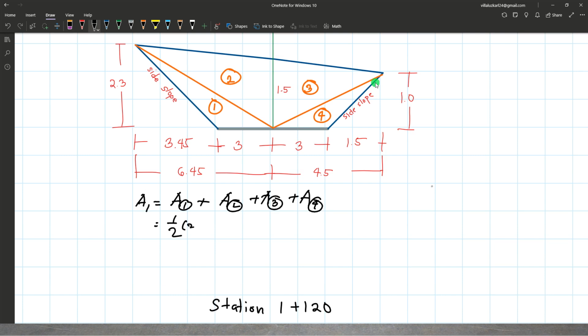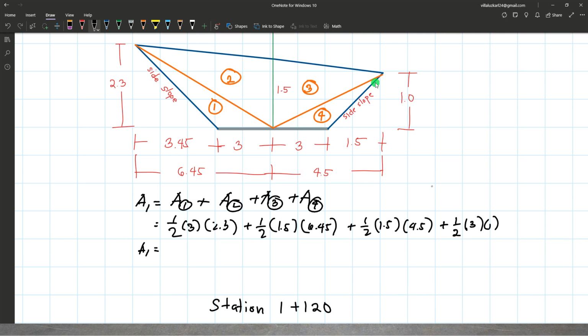The base is 3, height is 2.3. For area 2, the base here is 1.5 times the height. The height is 6.45. Plus 1 half, base is 1.5, the height is 4.5. And for area 4, the fourth triangle, base of 3 and height of 1.